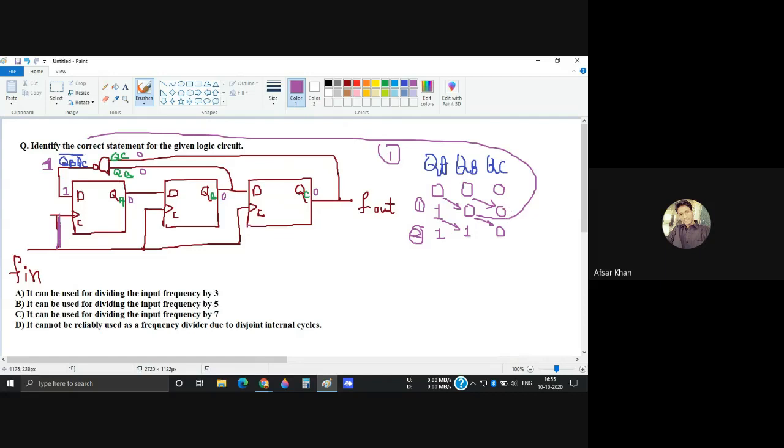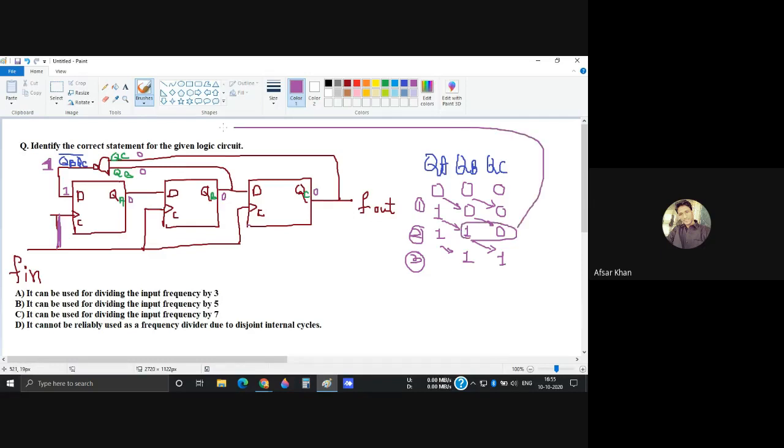After the third cycle, this 1 will propagate here, and 0 and 1, QB and QC, go to the NAND gate. For a NAND gate, if we apply 0, 1, the output will be 1.